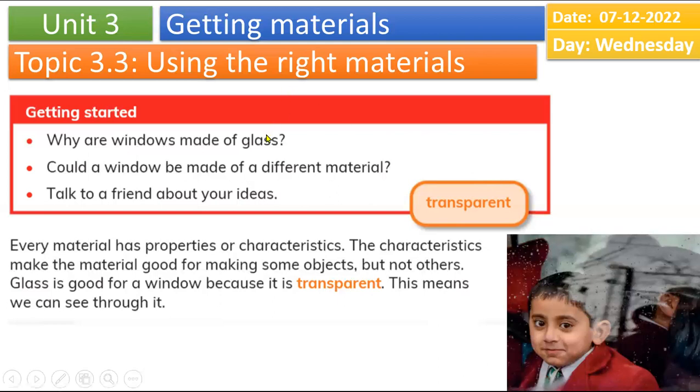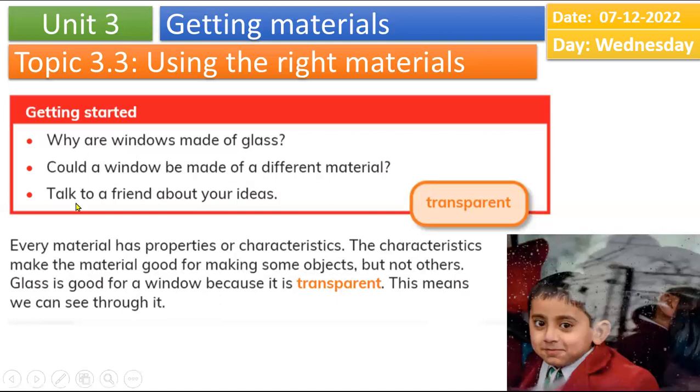So the glass is a good material. We can see through the window. Could a window be made of different materials? Yes, but we need glass. Glass is the perfect material to see through. So the other materials cannot help us.